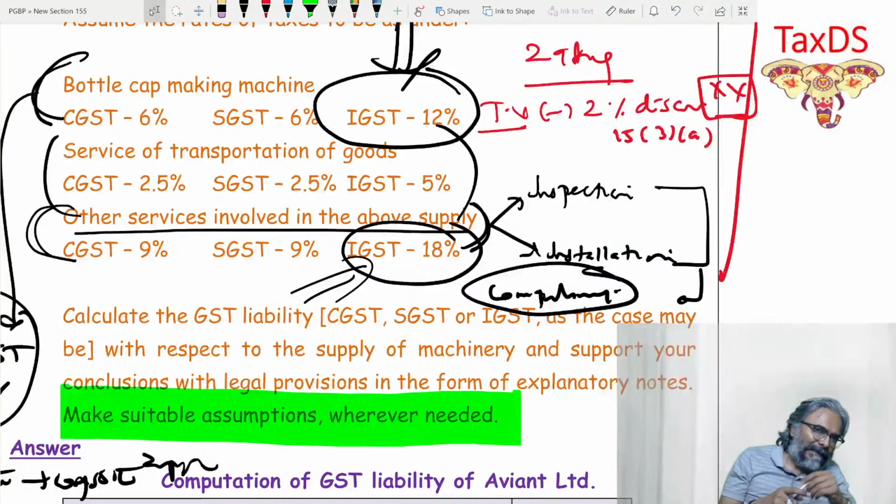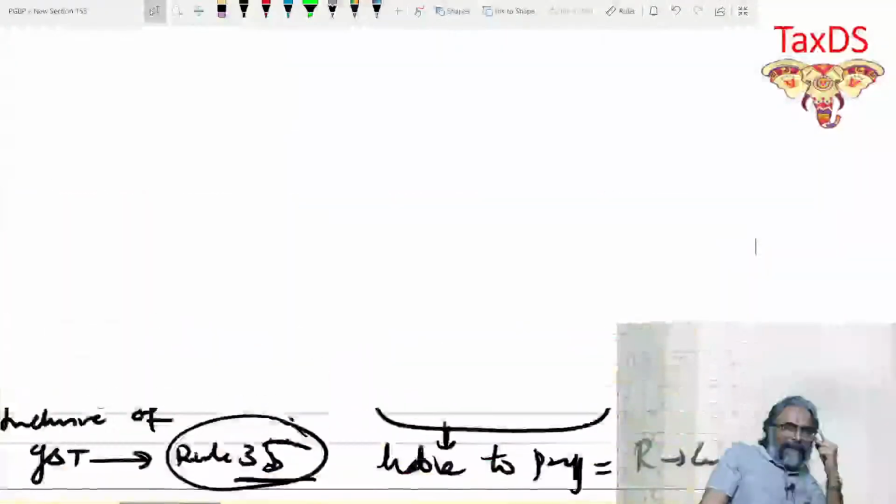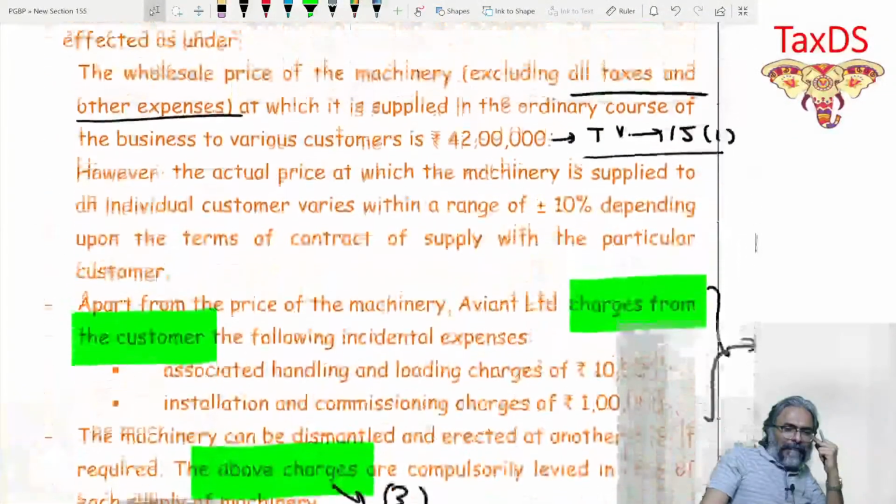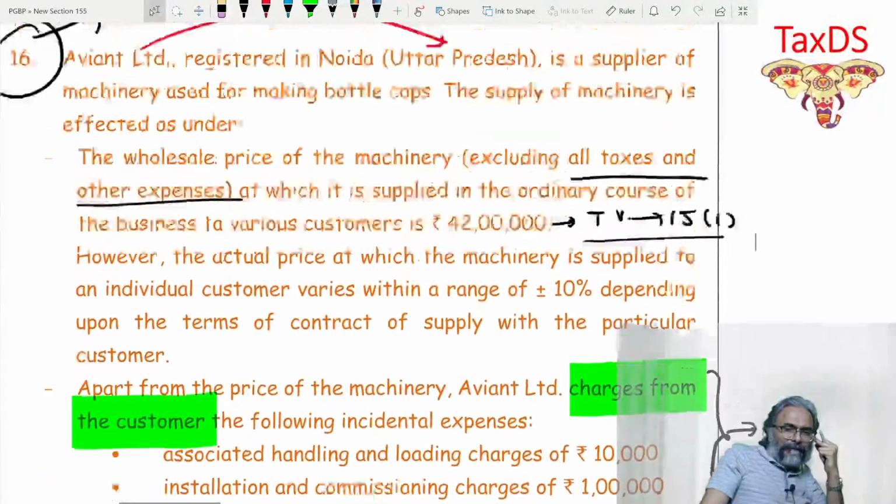And you know what exactly is the game? Here they are taking 2% on what? 2% on 40 lakhs. What is 40 lakhs, by the way? Just hold on.